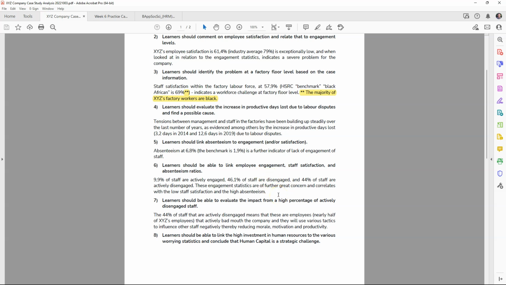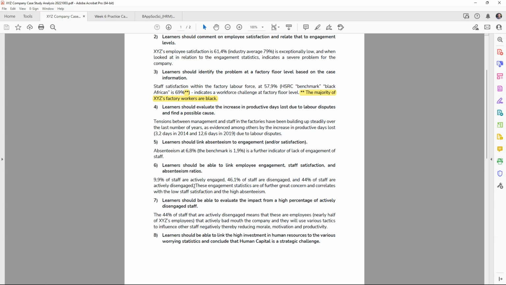What is specifically of concern is if you look at the 44% of staff who are actively disengaged. What actively disengaged means is that people talk amongst one another, whereas the disengaged staff, 46%, may just carry on and won't badmouth the company that actively.